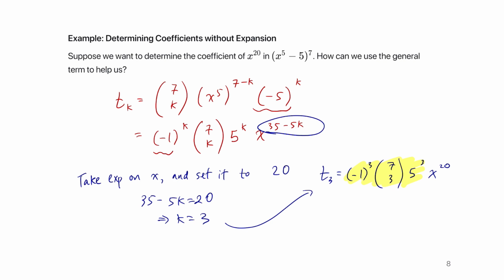So is everyone okay with this process? Because in a little while, we're going to make it a little more complicated. Any questions? So, as a follow-up, what is the coefficient on x to the 21 in this example?